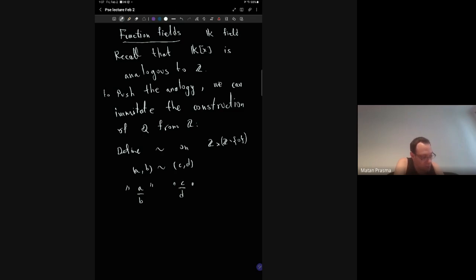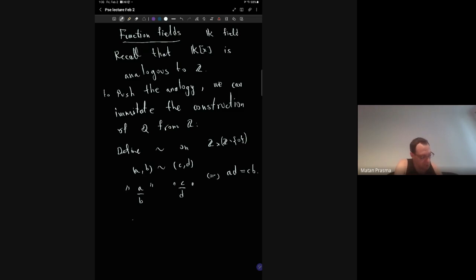So we want to say that they are equivalent if and only if ad is equal to cb. Okay? And it's very easy to check that this is an equivalence relation.